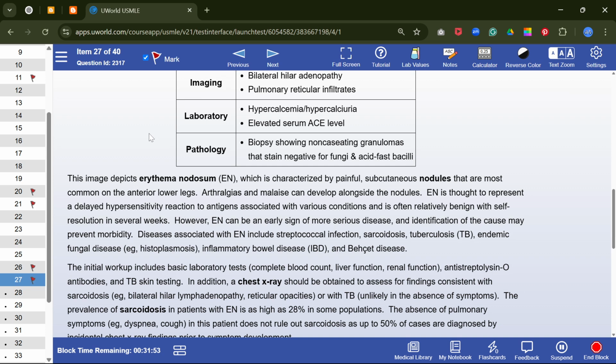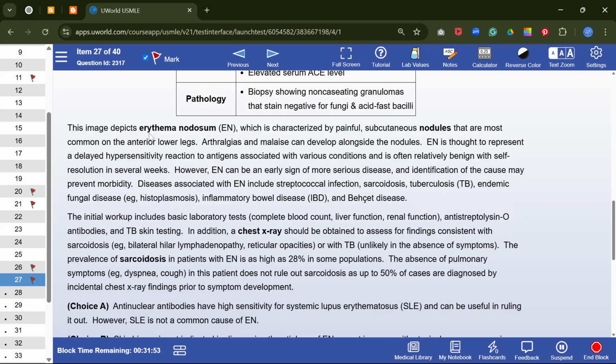The prevalence of sarcoidosis in patients with erythema nodosum is as high as 28% in some populations. The absence of pulmonary symptoms such as dyspnea and cough does not rule out sarcoidosis, as up to 50% of cases are diagnosed by incidental chest X-ray finding prior to symptom development.